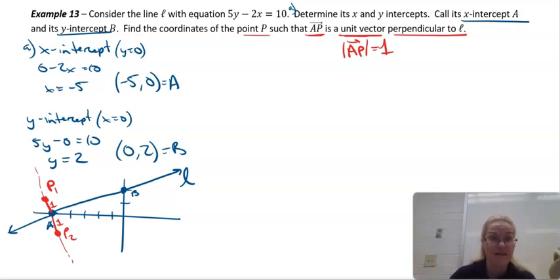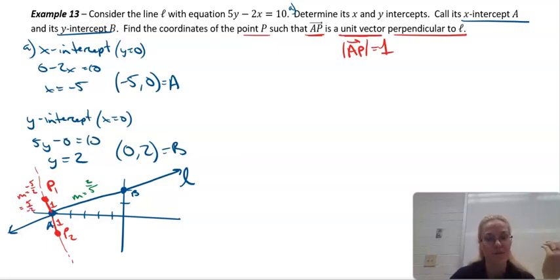Well, the slope of my line here is, what did we say? Rise 2, run 5? 2/5. So what would the slope of the perpendicular be? The slope of our perpendicular would be -5/2, or 5 over -2.